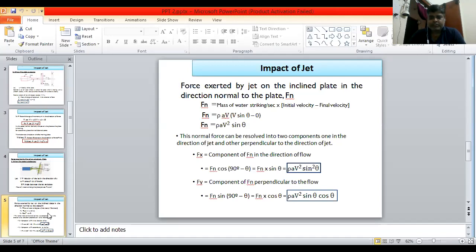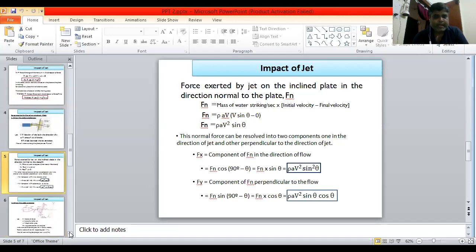This is the final equation of Fx. Similarly, Fy is equal to the component of Fn perpendicular to the flow, that means Fn sin (90 minus theta), which is equal to Fn into cos theta, and finally rho a v squared sin theta into cos theta. So the value of Fx is rho a v squared sin squared theta and the value of Fy is rho a v squared sin theta into cos theta.